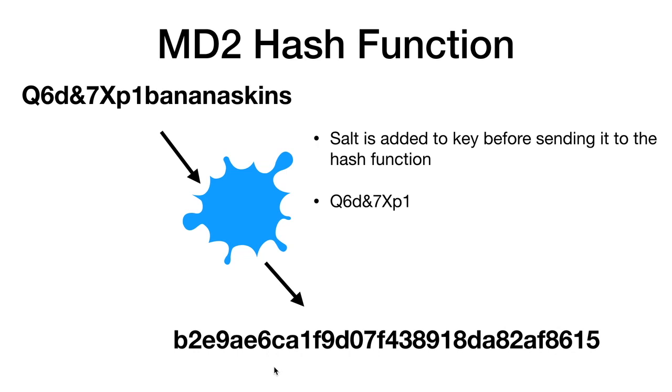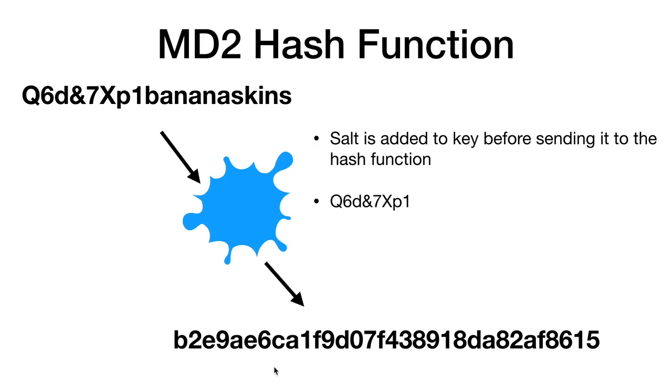And so if the salt is randomly generated, it can make the work for the hacker exponentially more difficult. And typically what we do is we even generate a random salt for each password, and we store the salt in a table.